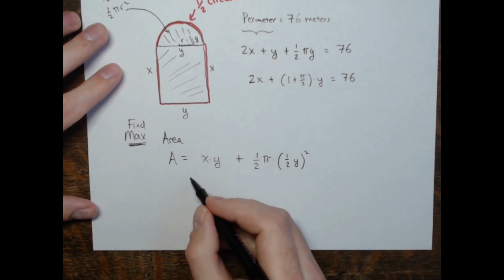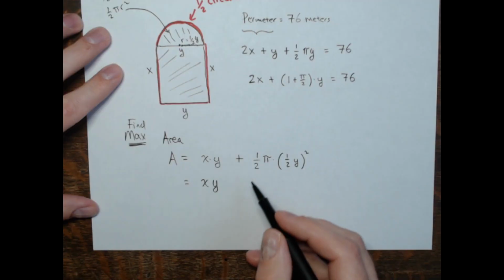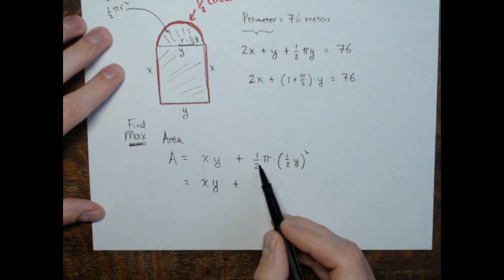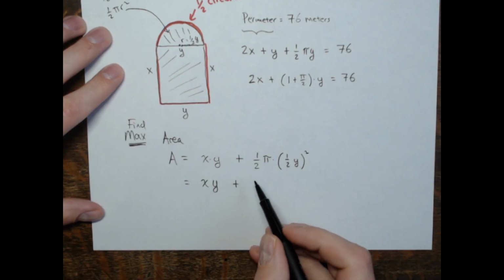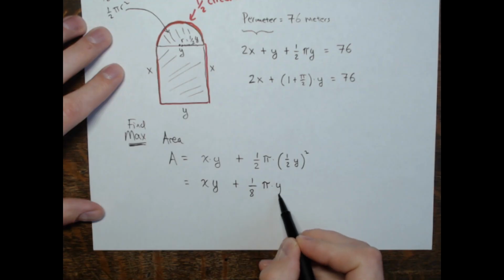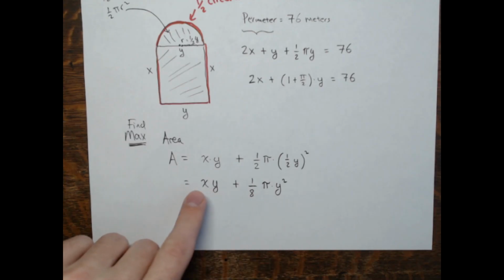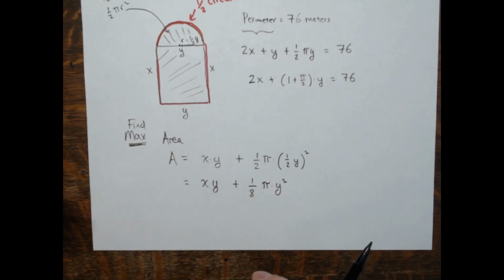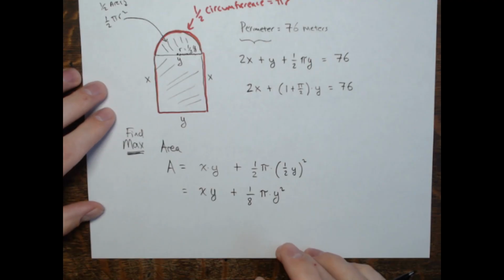Simplifying a little, this is x times y for the area of the rectangle, plus, half squared is a half times a quarter, so 1/8 pi y squared. Okay, so now we have our area formula, but it's in terms of x and y.